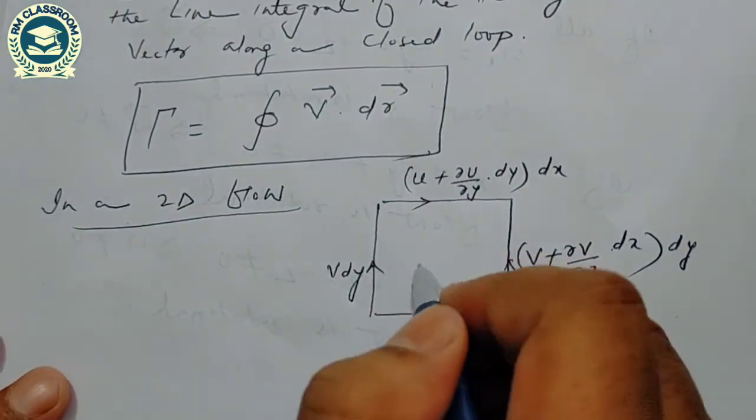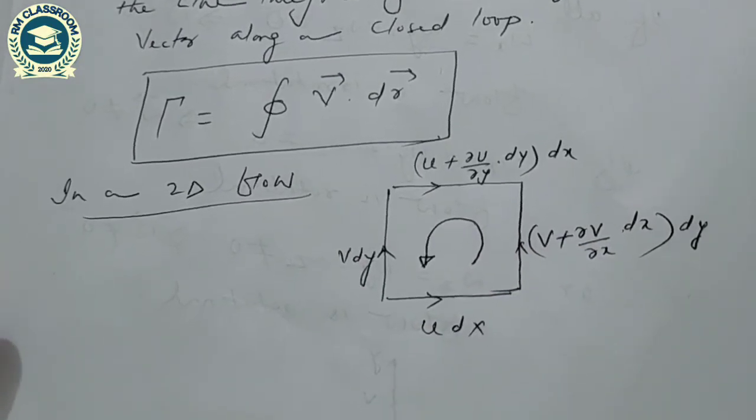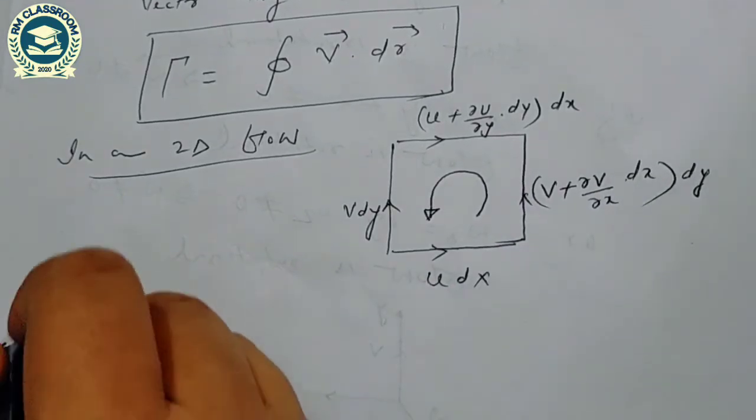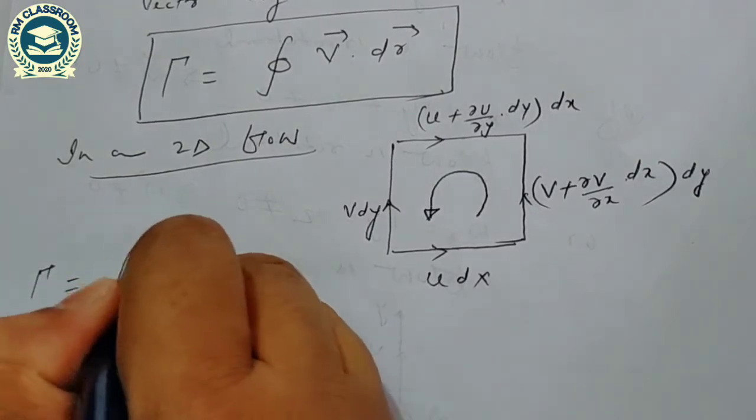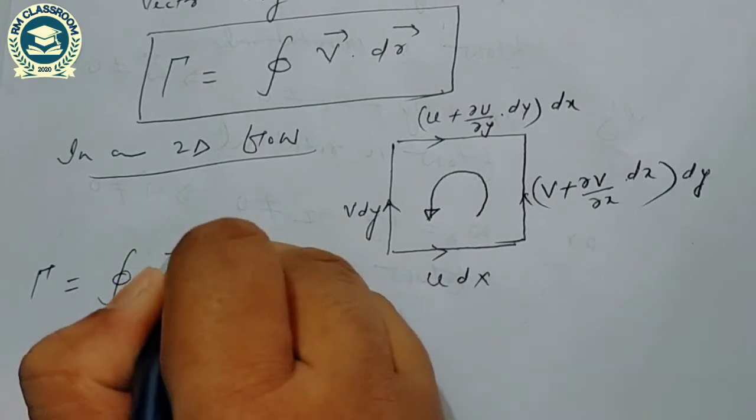So in a closed loop, if I compute the circulation, circulation can be written as the line integral of the velocity vector.